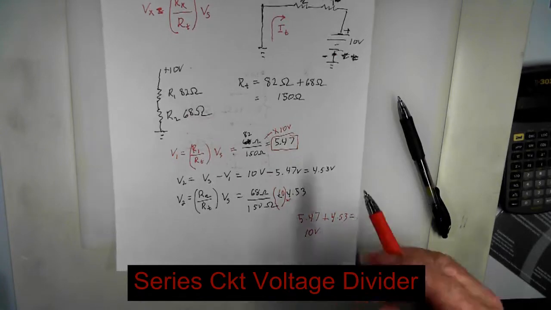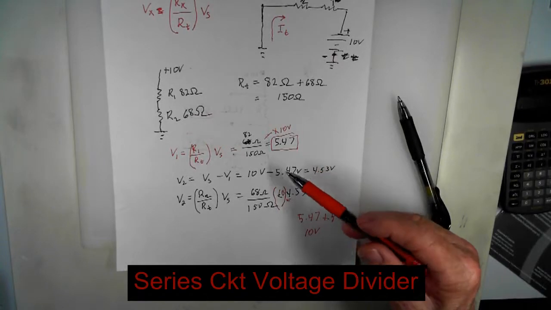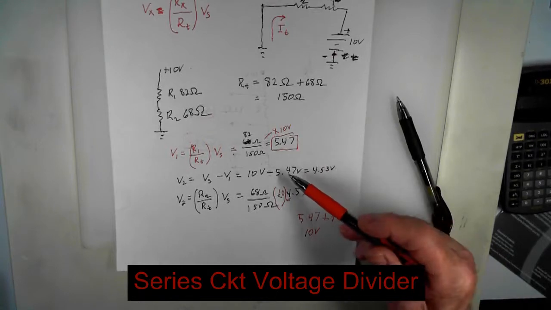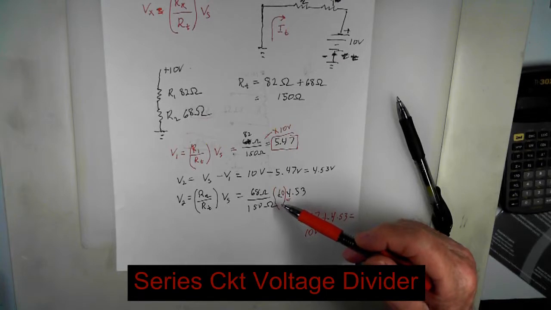First, I solved it with the voltage divider formula, and then I solved it with what? Kirchhoff's law here, that the sum of the voltage drops around a closed loop is going to be algebraically equal to 0. And then I solved R2 in the same manner as before, using the voltage divider formula.